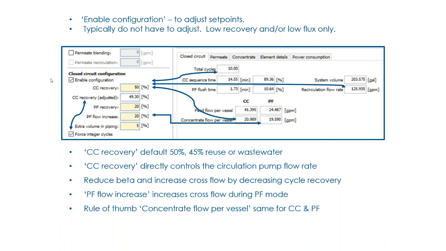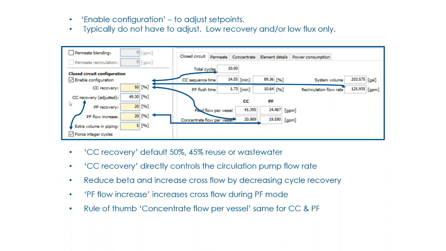So the inputs for CCRO, and again, I need to highlight the system design is so simple because it's always one stage. There's no interstage permeate throttling or booster pump to get your cross flow on the last stage. It really is simple, and once you start to use the system, you'll see that.